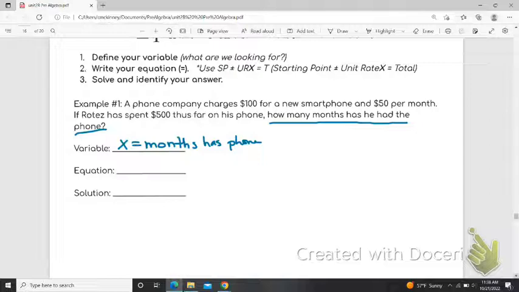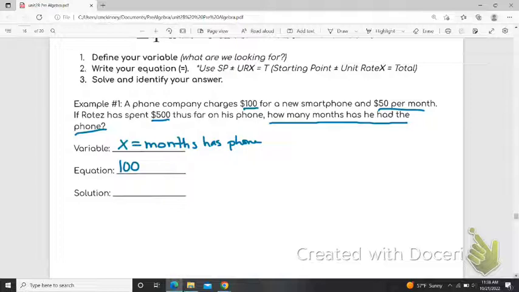So now I'm ready to write my equation. I go back. I know I'm going to probably need numbers from this, so I'm going to really focus on those numbers. I've got lots of numbers. Remember, we're using that starting point. The phone company charges $100 for the new phone. That seems like a starting point, right? That's only happening once. So they charge $100 for a new phone and $50 per month.